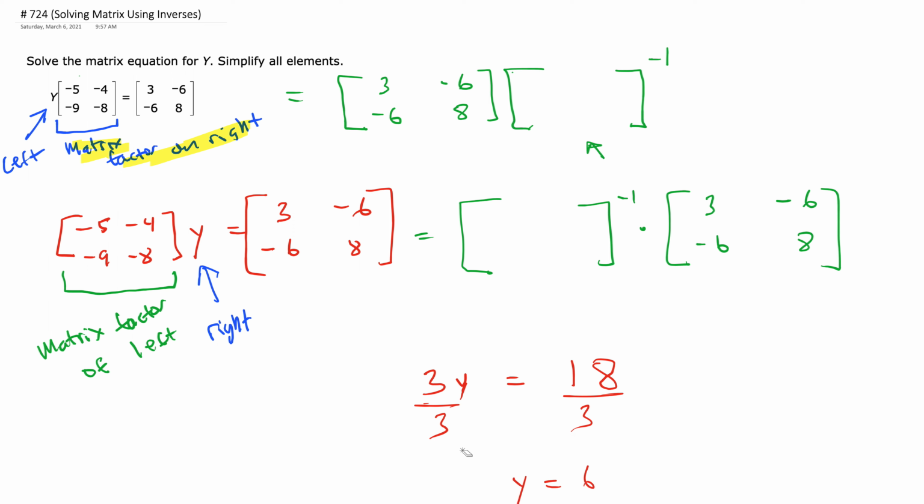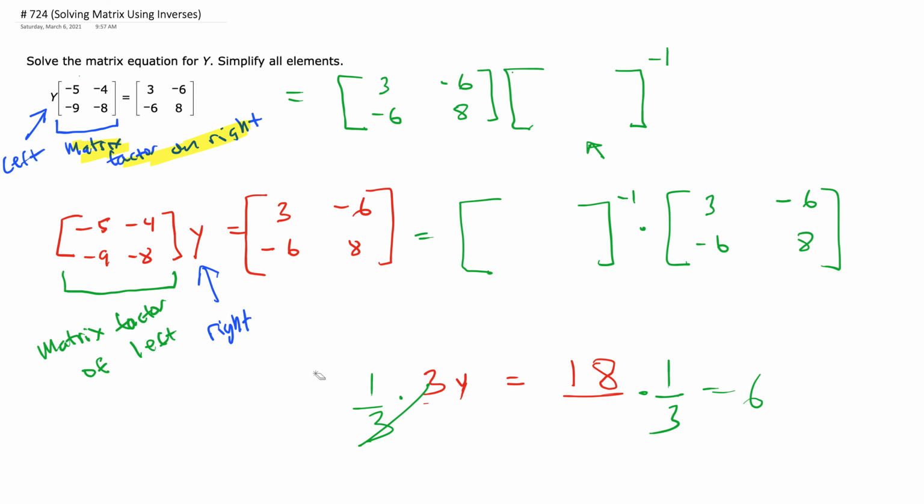Another way to think about that is, instead of dividing both sides by 3, you can multiply both sides by 1/3. That's the same thing as dividing by 3. And this goes away, and then 18 times 1/3 is 18/3, which is 6.